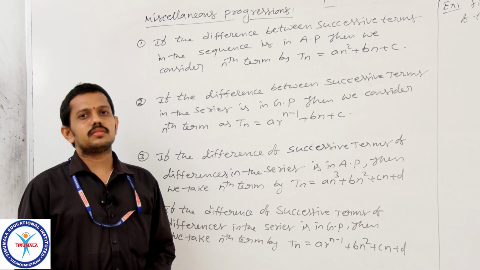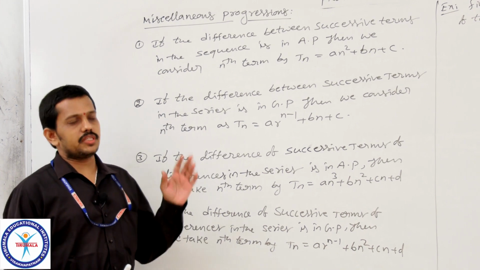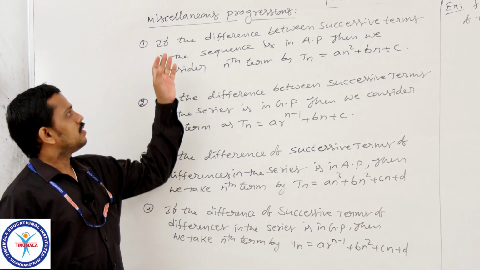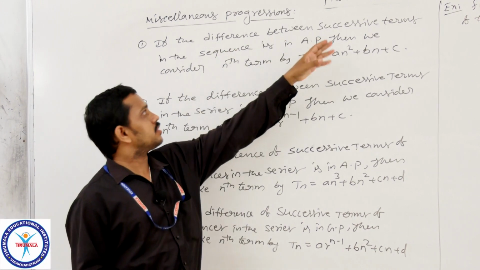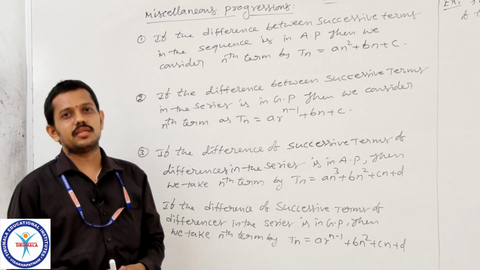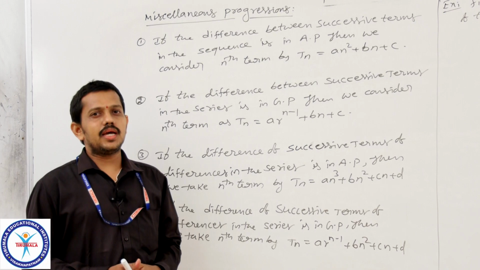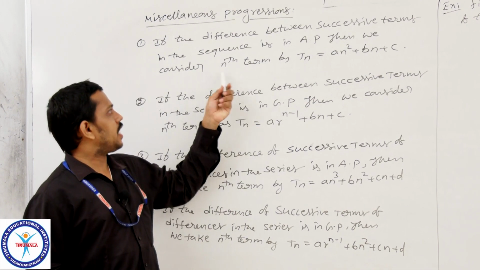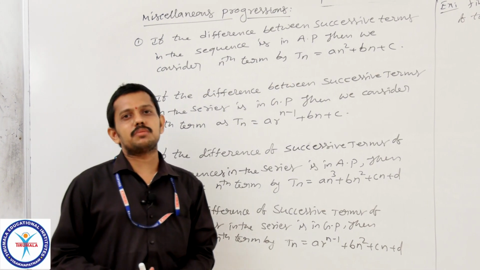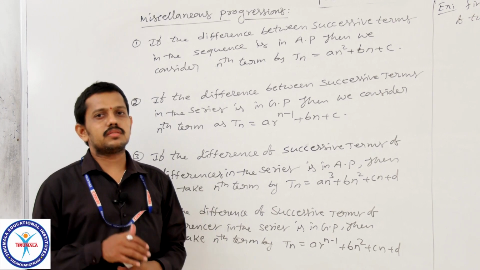Now, we will discuss some miscellaneous progressions. Sometimes if the differences between successive terms of the sequence are in AP, then we can take the nth term as Tn = an² + bn + c.